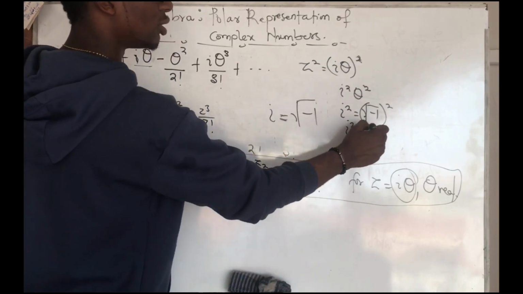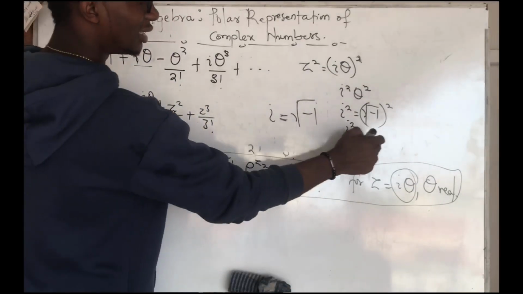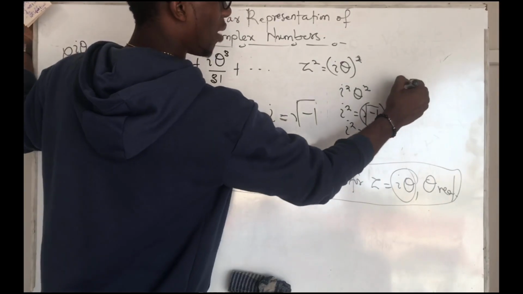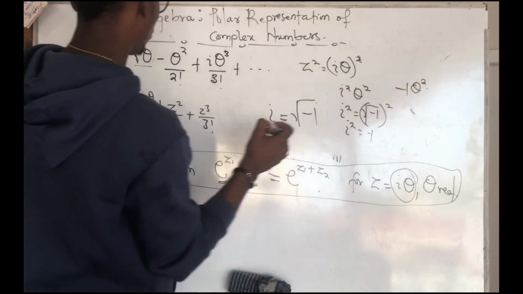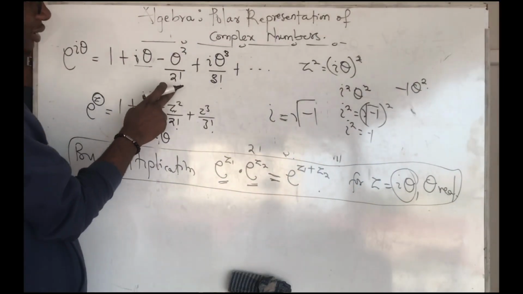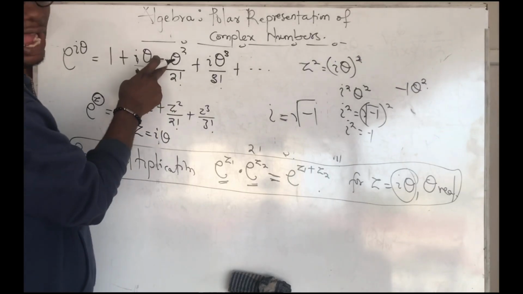In short, i squared is equal to -1. So the -1 will now multiply the theta squared, giving us negative theta squared over 2 factorial. That is why we didn't see the i here.